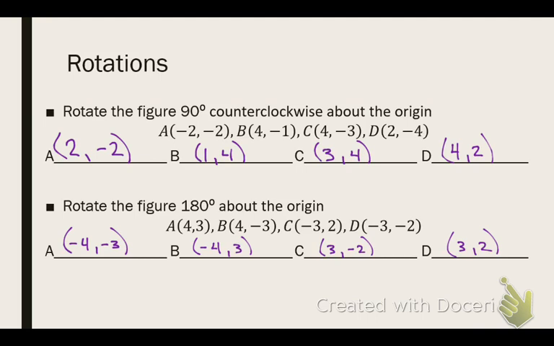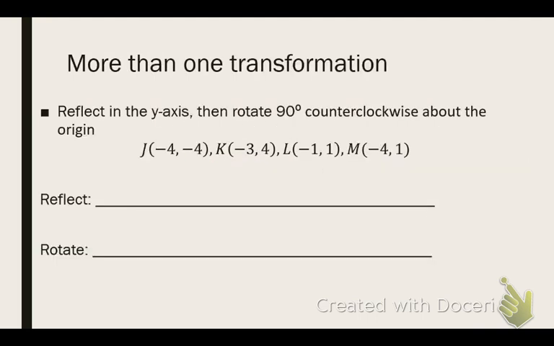Now, there was a little bit of confusion on the more than one transformation question, which was number 15 on your quiz. So let's go over that one. The first thing I'm asked to do is to reflect it in the y-axis.